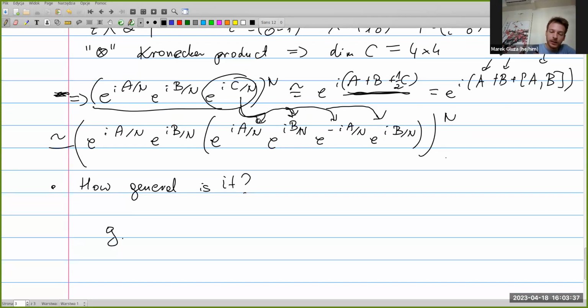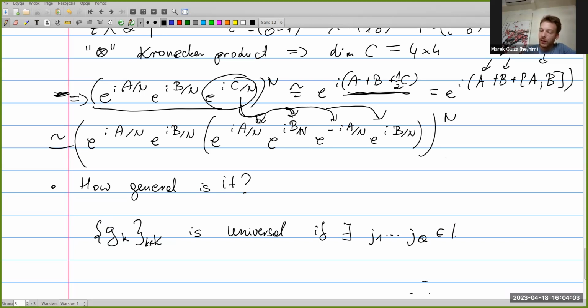So we say that a gate set K is universal if there exist J1 until JQ in the index set of K, such that G_J1 dot G_JQ. I apply those Q many gates together.